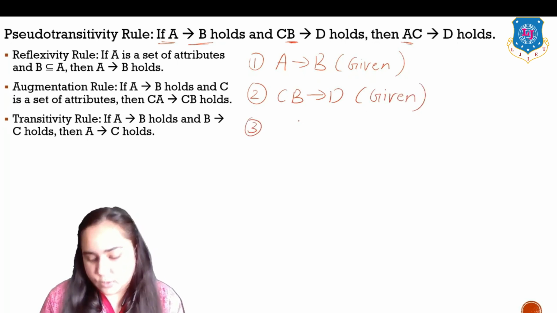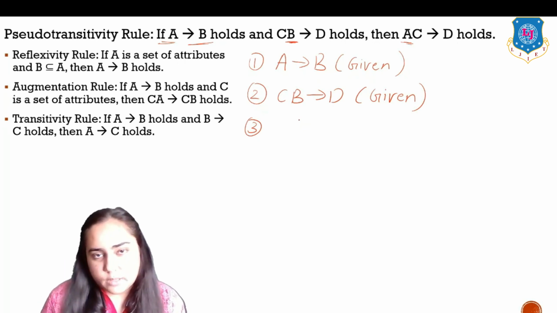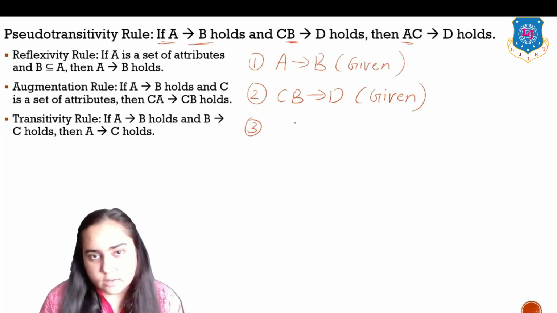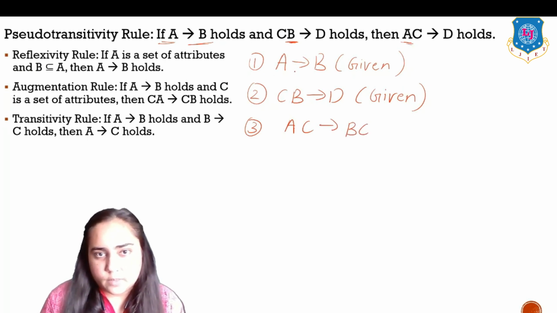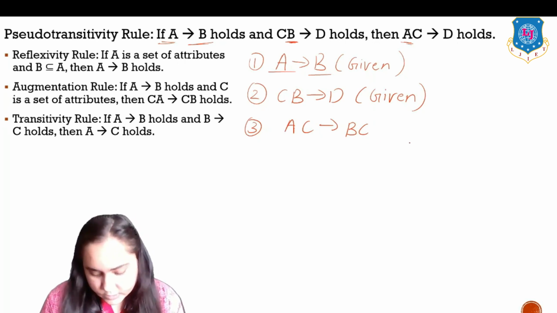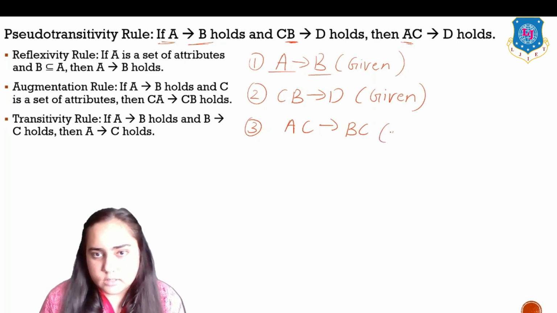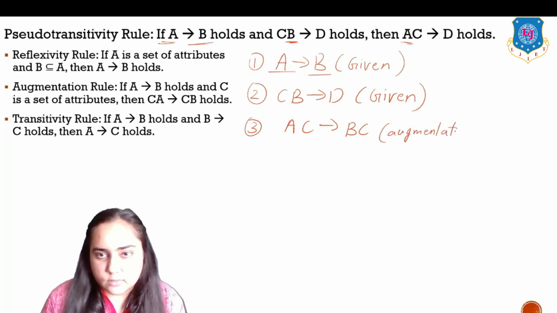And then as a third step, I'm going to apply the augmentation rule in step 1 and make it look like AC determines BC. So you can see here and here I have added C on both the sides, and this is augmentation of C in number 1.